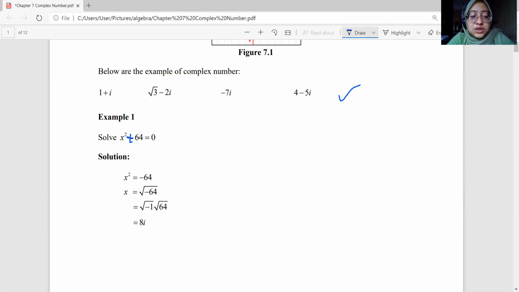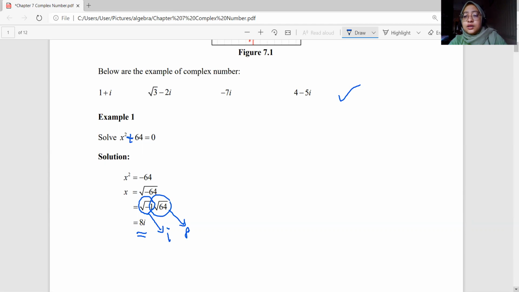We can separate it into the square root of -1 times the square root of 64. The square root of -1 is equal to I, and the square root of 64 is equal to 8.